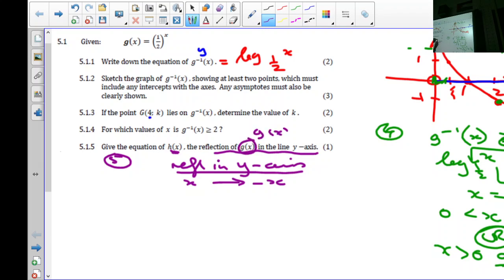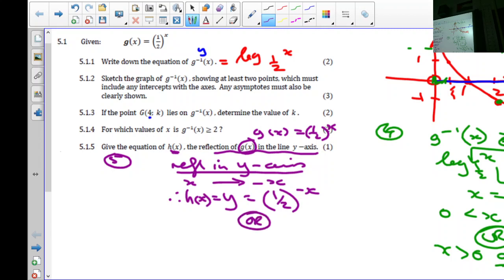G of x is defined as a half to the x. So if x becomes negative, therefore y equals a half raised to the minus x. That gets you one more mark there already, and this is your h of x graph. You could simplify this, and this would have been y is equal to 2 to the x, but there are no marks on whether you simplified it or not.